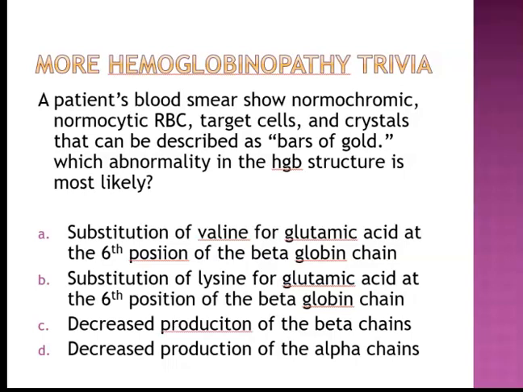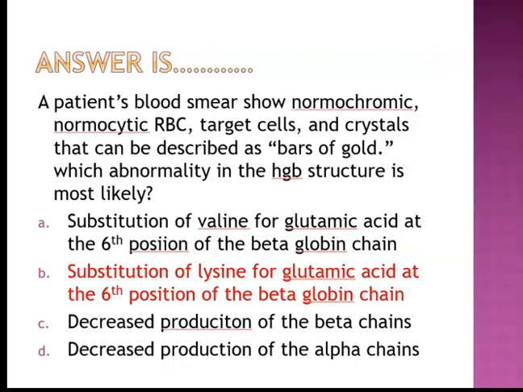B, a substitution of lysine for glutamic acid at the 6th position of the beta chain? C, decreased production of the beta chains? Or D, decreased production of the alpha chains? Pause it and try to answer it on your own before you move on. And the correct answer is B, substitution of lysine for glutamic acid at the 6th position of the beta chain.